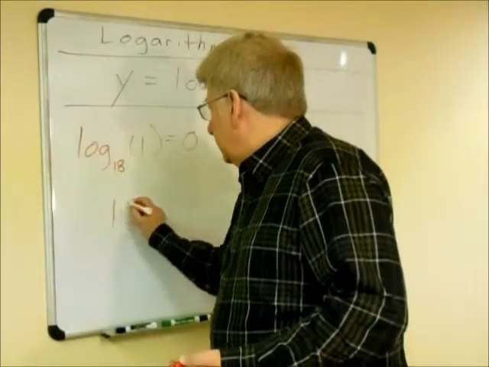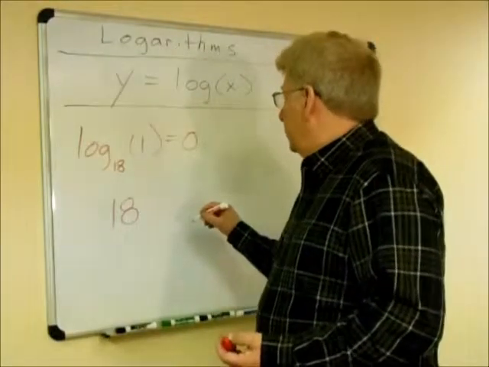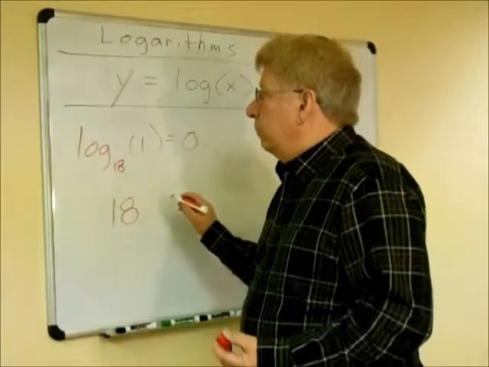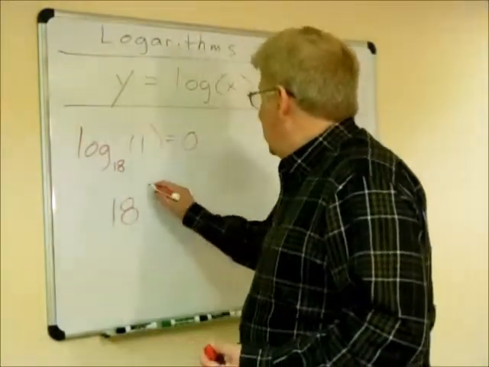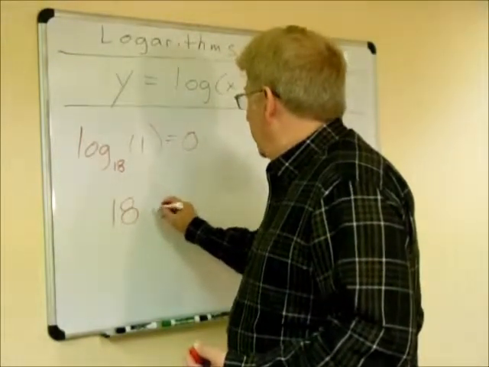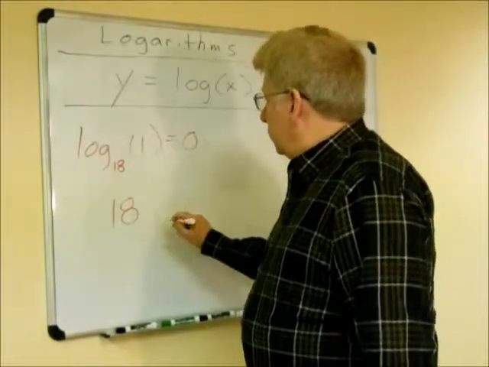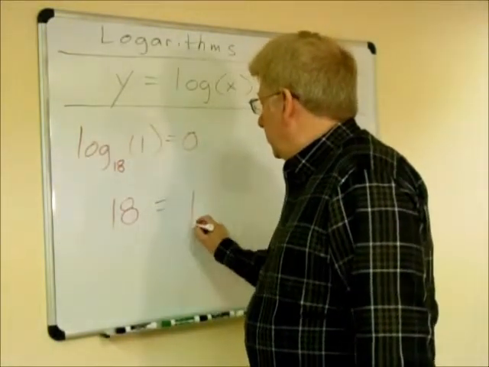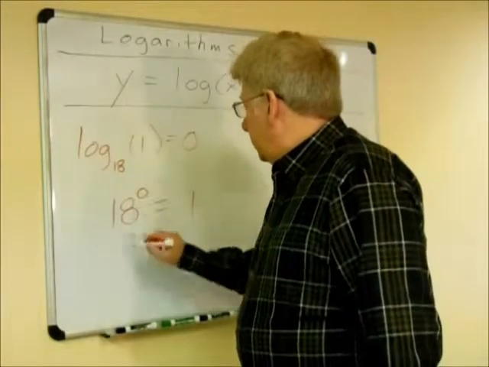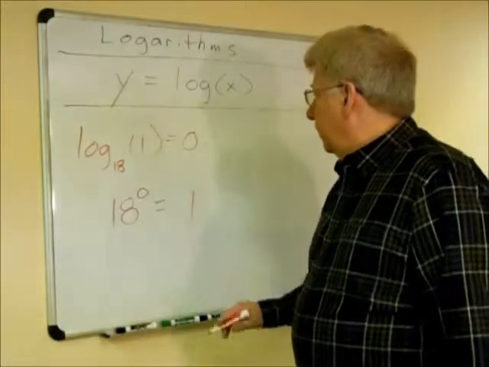So the base, b, is 18. So 18 to the what would give us... actually this is going to turn around. 18 to something is going to give us 1. And that something would be 0. So that's another way to rewrite this in exponential form.